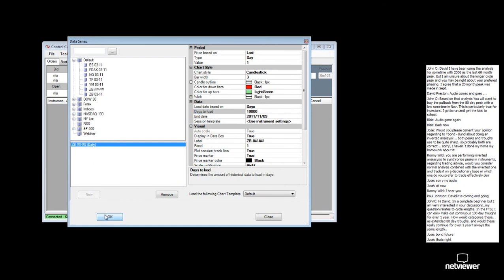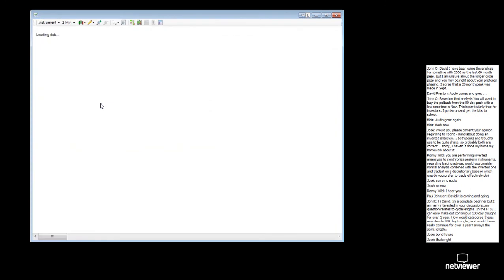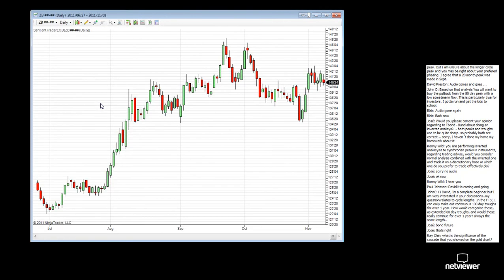All right, and let's see what Ninja Trader does with that. Did I press the right button? I think I must not have. New chart. ZB. New. I pressed the close button instead of the OK button, which is never a very clever thing to do.